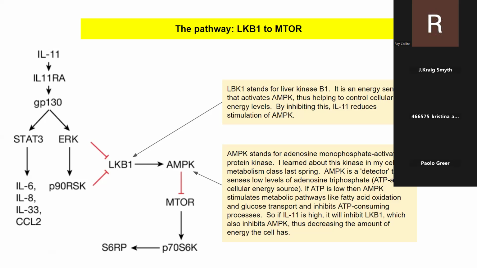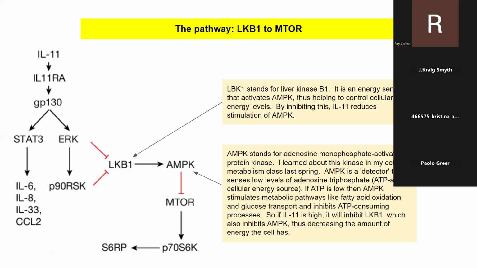AMPK stands for adenosine monophosphate activated protein kinase. And I actually learned quite a bit about this when I took my cellular metabolism class last spring. So AMPK acts as a detector that senses low levels of adenosine triphosphate, which is the main cellular energy source.